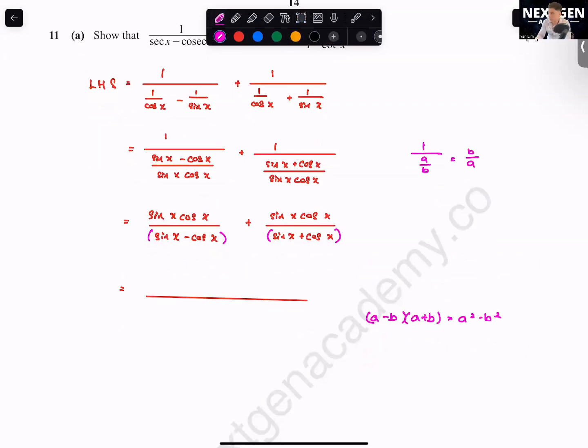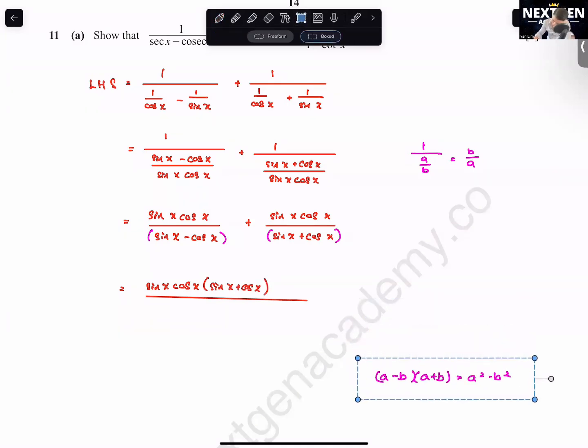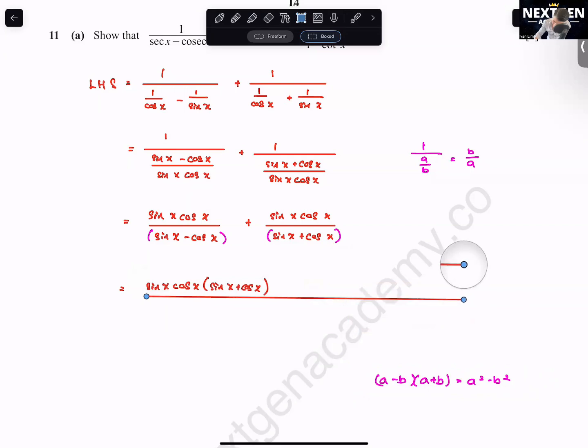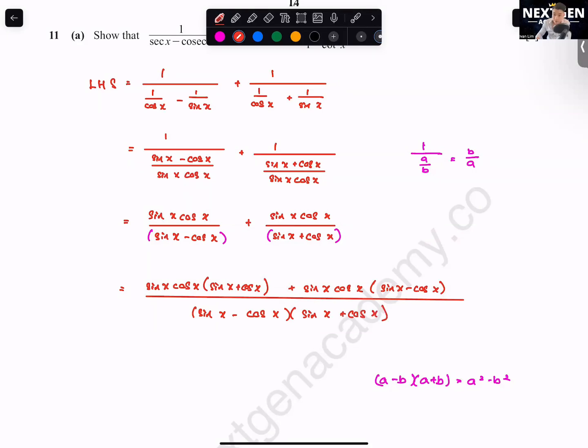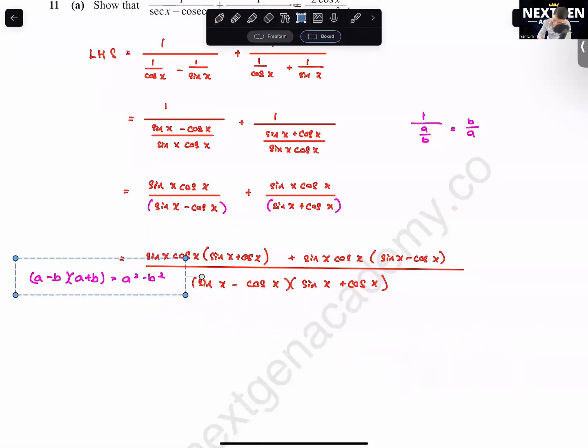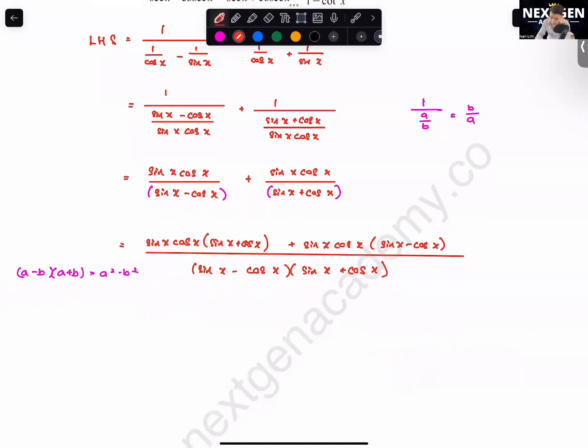For the top part, this one will be actually quite long: sine x cos x (sine x plus cos x) plus sine x cos x (sine x minus cos x). Over (sine x minus cos x)(sine x plus cos x), which is (a minus b)(a plus b).